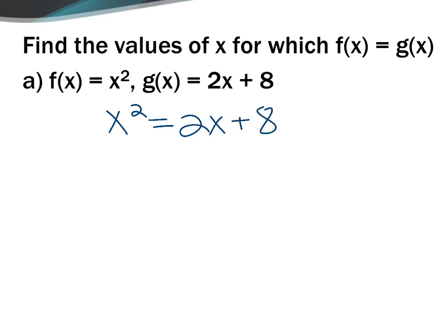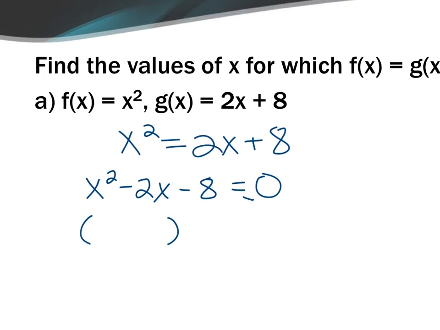And then what? Good. As soon as you see a squared and an x, it should be your indication that you're going to have to solve. Or a cube and x, whatever it is. So you want to get everything to one side so it's set equal to 0, and then you can factor and solve. So I'd get x squared minus 2x minus 8 equals 0.